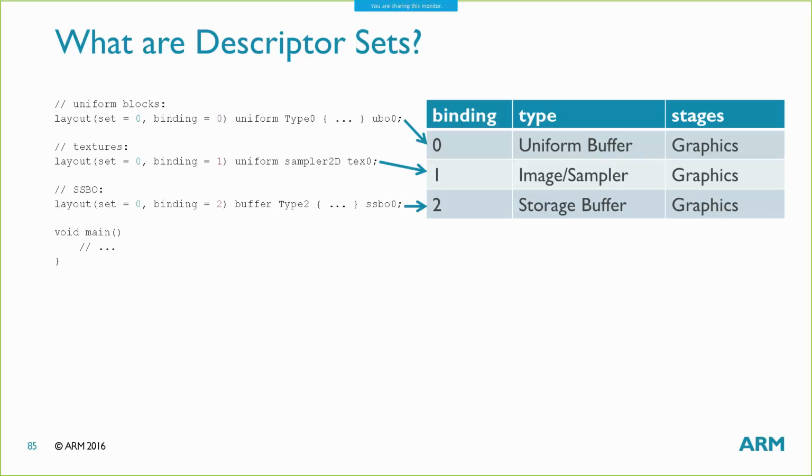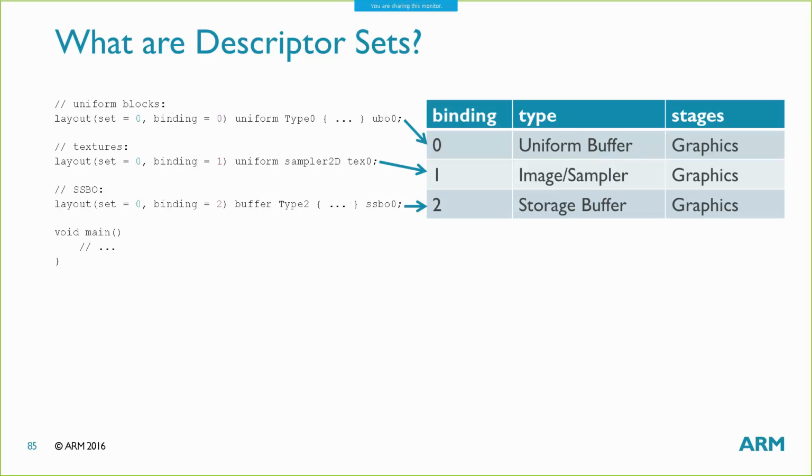So the layout, as I say, is sort of like a template from which you can stamp out any number of descriptor sets that look just like that, which is pretty handy. If you really want to keep things simple, for example, you can have a very similar or, in some cases, the same overall pipeline layout for your application, and just substitute in new resources as you go along with all these different pipelines.